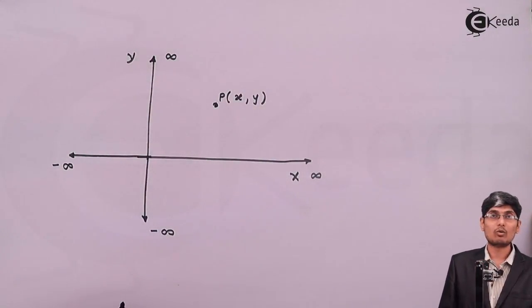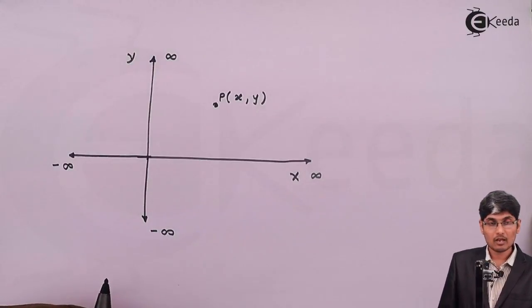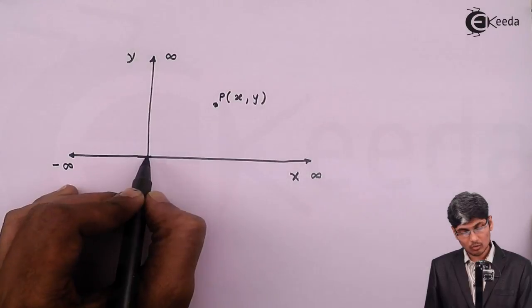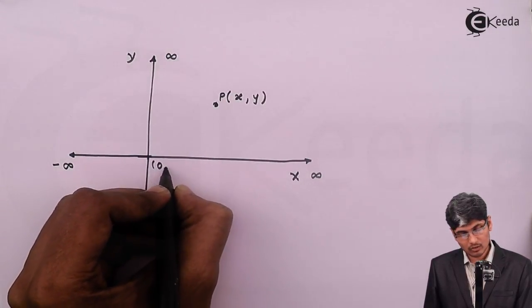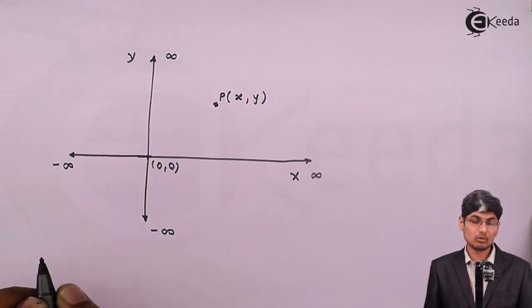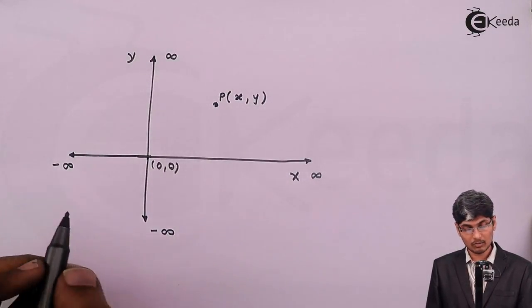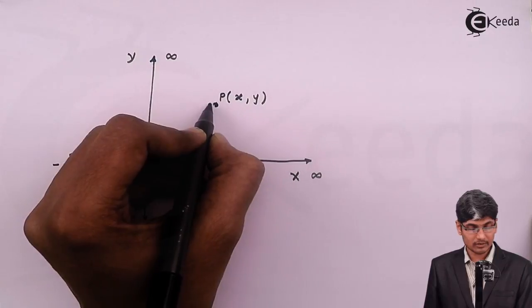isn't it? What is x comma y? When I say a point P, that is a distance from the origin. Here I have the point 0 comma 0 where both x and y are 0. Here it is x comma y. How did we get this?